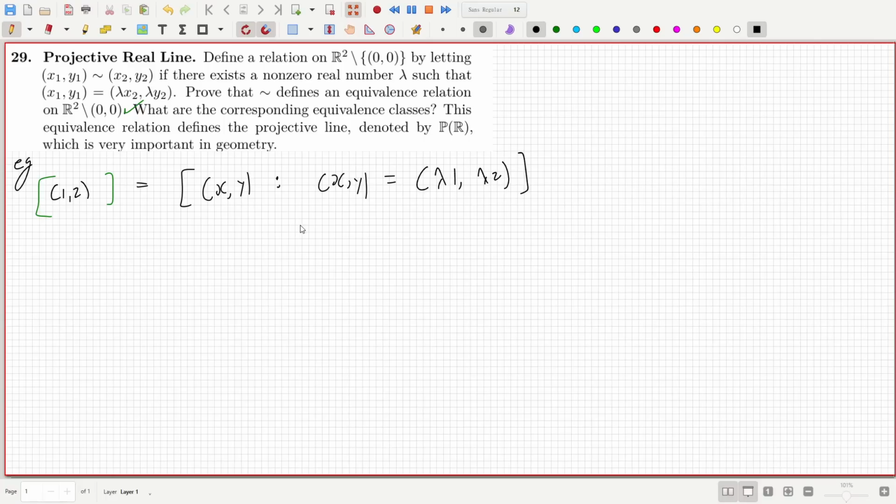So this actually looks like, we're going to draw it. There's the point (1, 2), and it'd be all the multiples of (1, 2). So it'd be all the points along this line, except for 0. And λ can be any non-zero real number, so it could be negative.